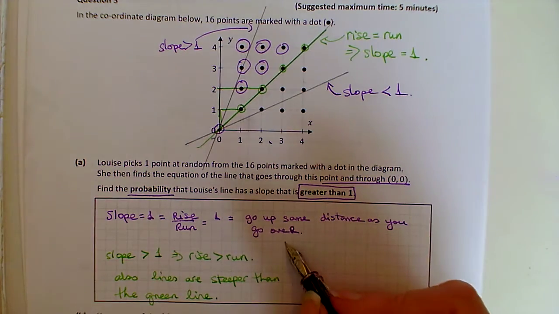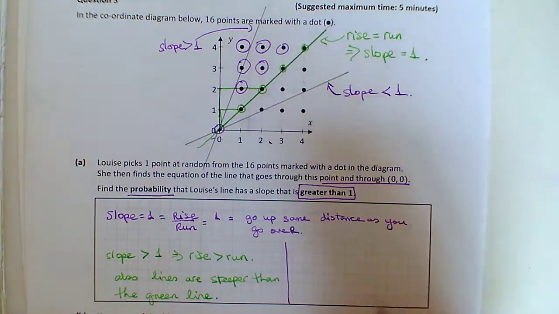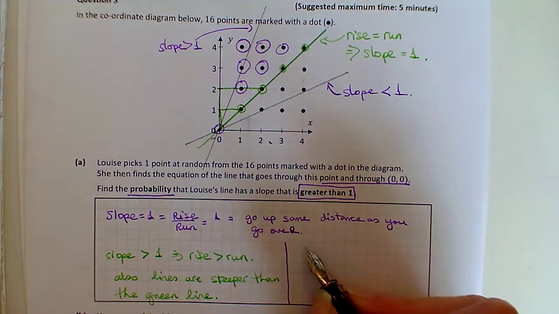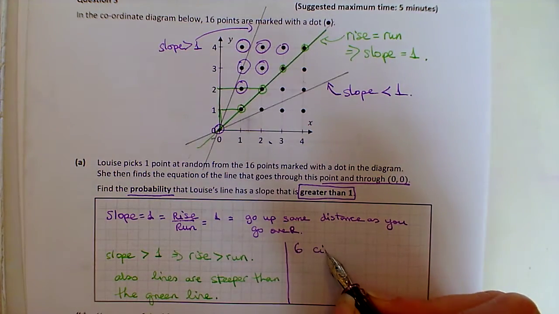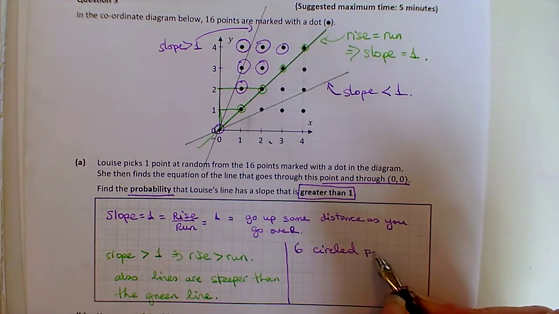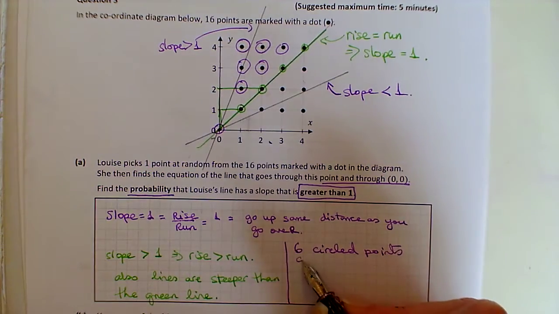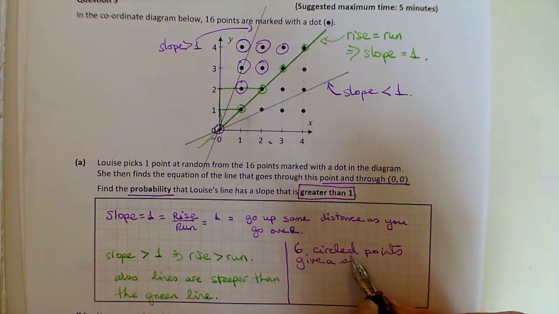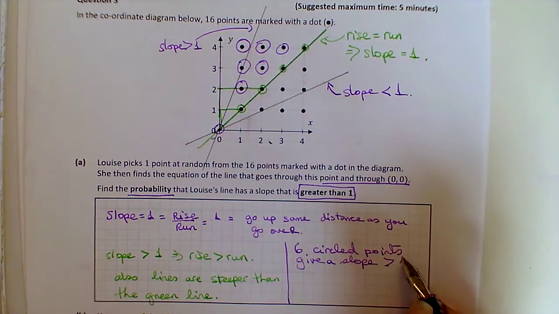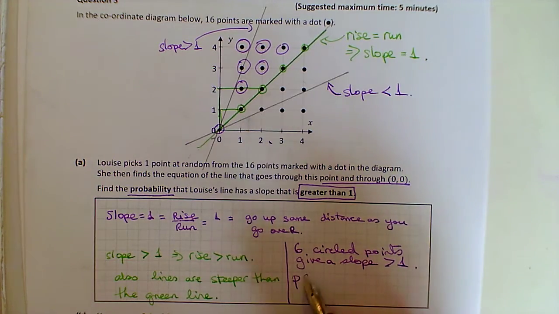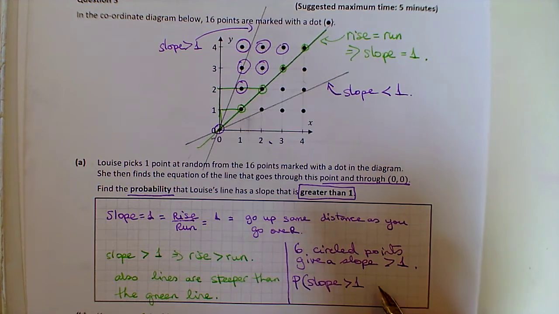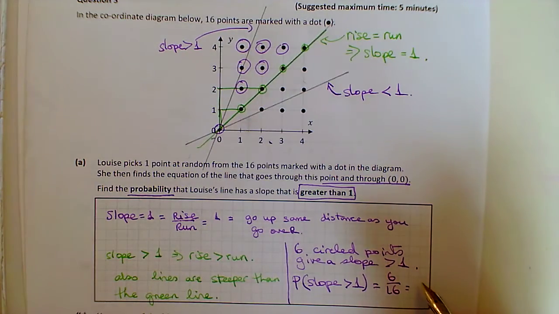Okay, so the purple points that I circled up there, and there's 6 of them, the 6 circled points give a slope greater than 1. So the probability that the slope is bigger than 1 is going to be 6 out of 16, which we would be expected to simplify to 3 out of 8.